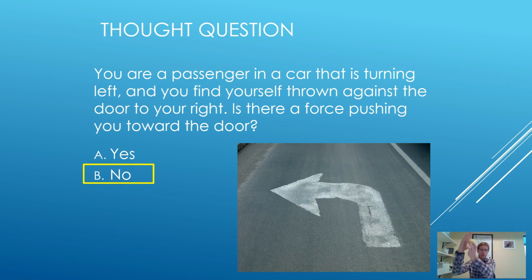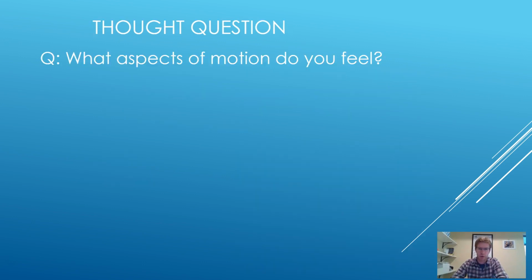Your inertia makes you want to keep going, and you feel slammed against the side because the car is making you turn with it. So you want to keep going, but the car is forcing you to go with it, and so you feel as though you're being pushed against the edge of the car. Inertia is why you feel that.